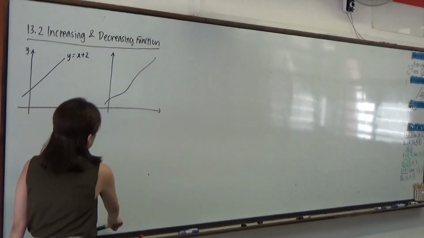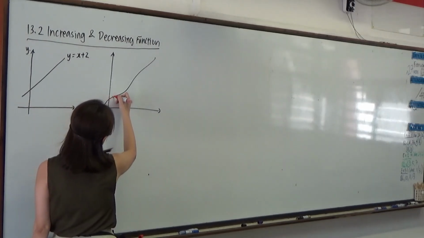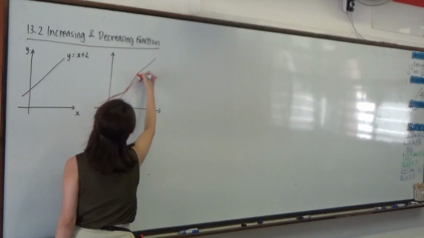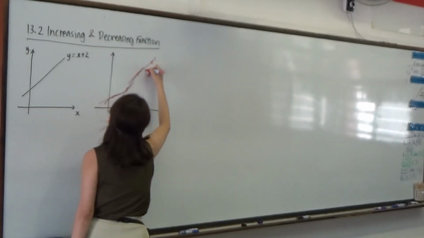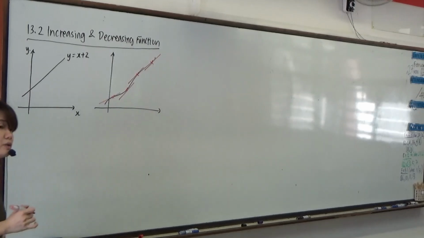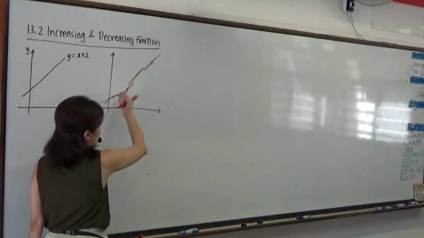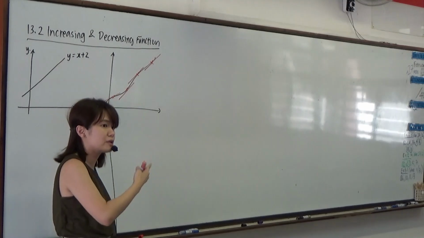If I want to draw a tangent at any single point itself, it is always going to be upward sloping. So as long as it is an increasing function, your gradient will always be upward sloping, or your tangent lines will always be upward sloping.